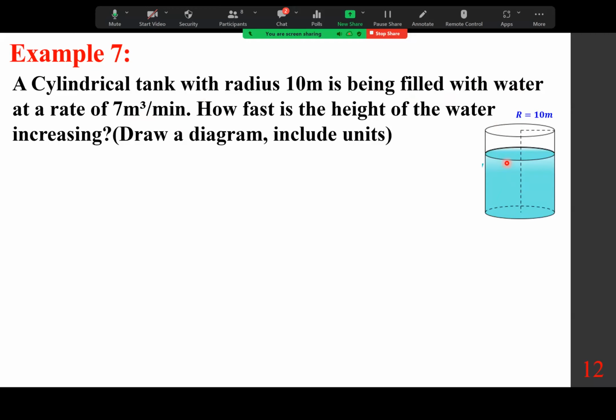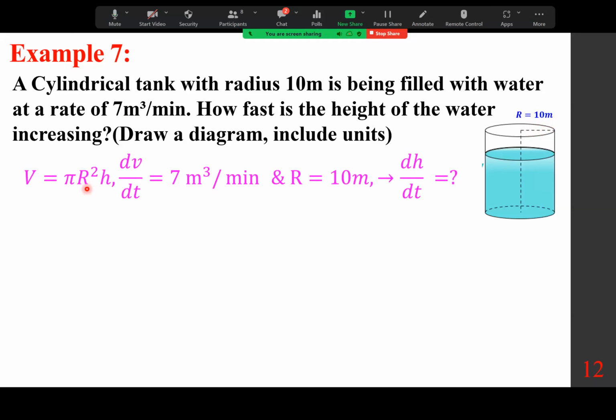So you have to be able to relate the volume to all of this. The volume is pi r squared h. You should know that dv dt is 7 cubic meters per minute, r is fixed at 10 meters, and we want dh dt.